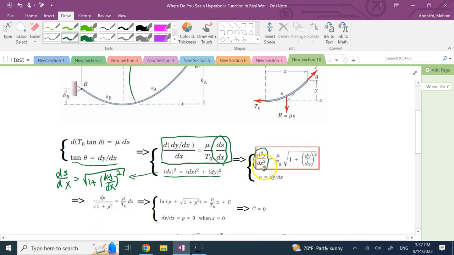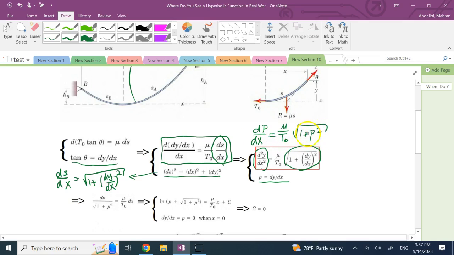Clearly, it's second order, and clearly it's nonlinear. Now, can I solve this second order nonlinear ODE? Yes. How? First, we do a change of variable and call the first derivative p. If you do that, this is going to be dp over dx on the left side. And on the right side, you have mu over t naught square root of 1 plus p squared.